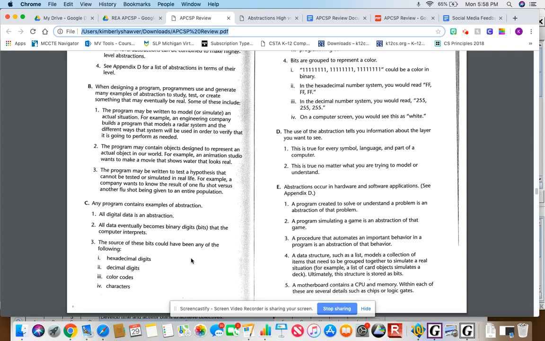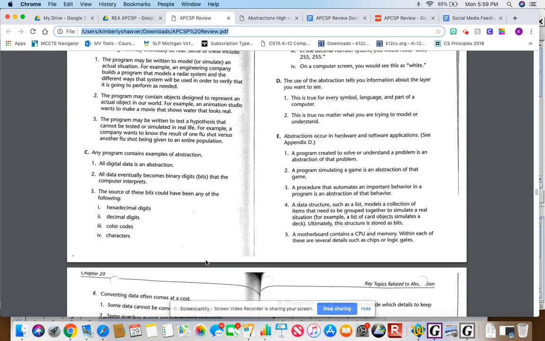As we learn to be more advanced programmers, we're going to learn that we can make objects, and those software objects can represent something from the real world. And then finally, we can write programs to test an idea or a theory, and if we provide the right input, it could make predictions and serve as a model in the future.